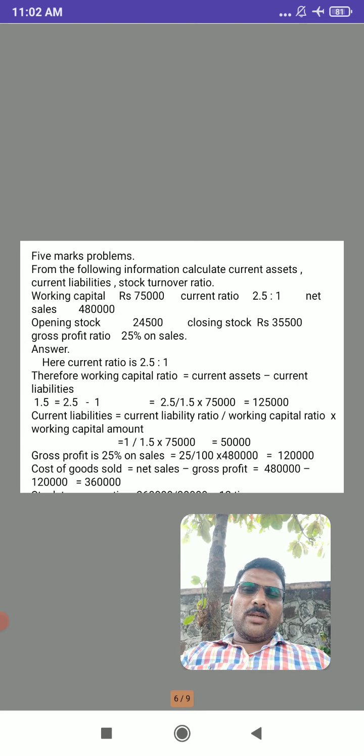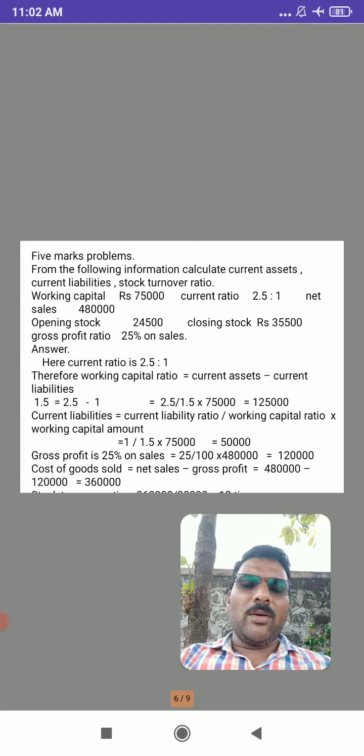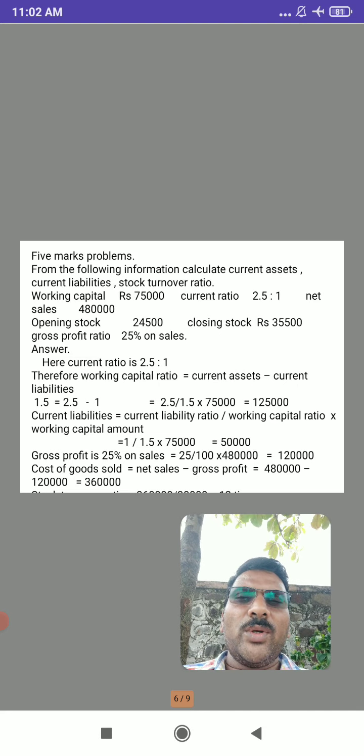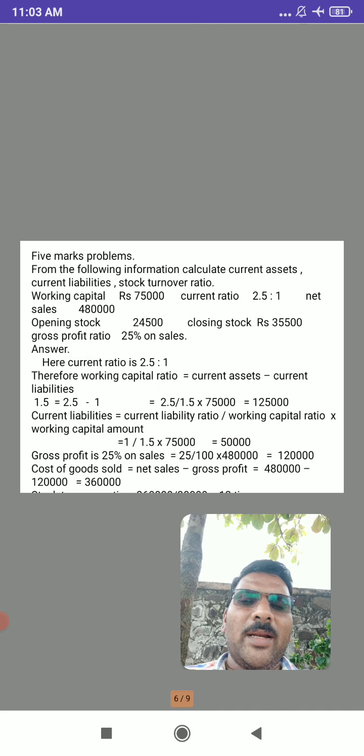From this information we have to calculate the stock turnover ratio, current assets and current liabilities. First of all we will see what the given informations are. Here the current ratio is 2.5:1. Therefore the working capital ratio will be current assets minus current liabilities.